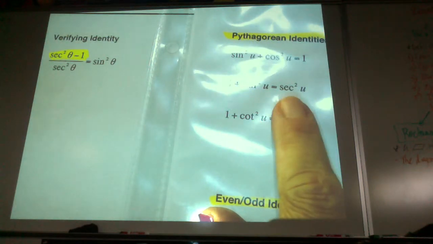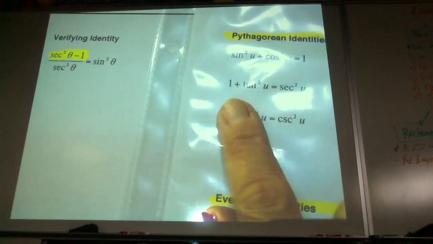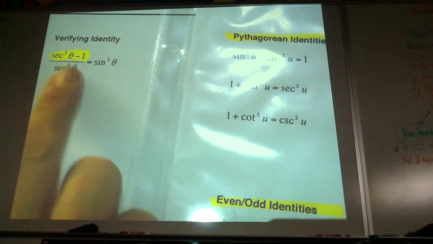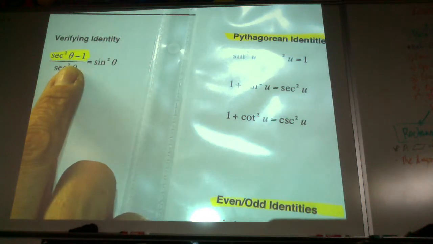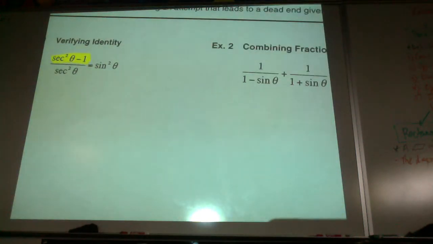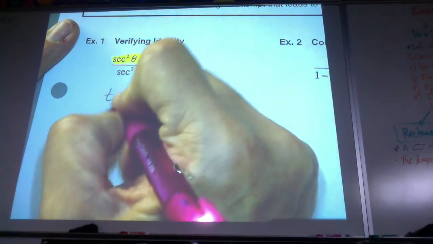Here's my secant squared. How do I get secant squared minus 1? Subtract the 1. Wouldn't I be left with tan squared on the other side? So that means I could completely substitute this out for just tan squared. I like that because it's simple. So let's try that. We're going to take all of that and replace it with just tan squared of theta.